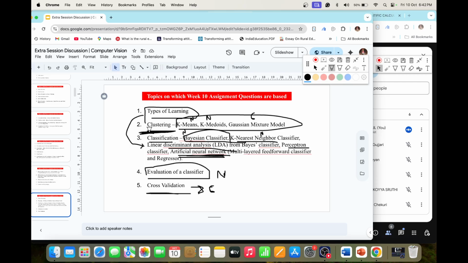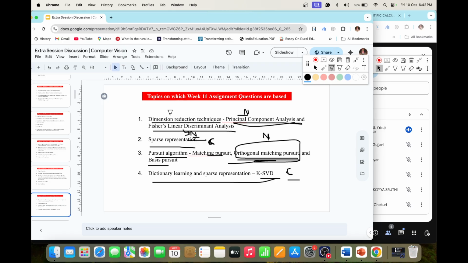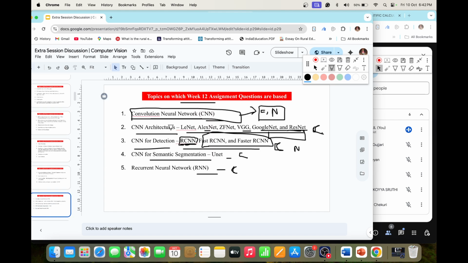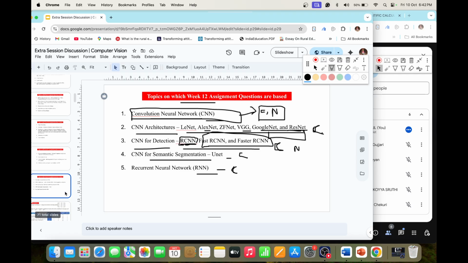Clustering is a type of unsupervised learning and classification is a type of supervised learning, along with different algorithms related to them. Week 11 is related to dimensionality reduction, PCA and Fisher LDA, that is important. And week 12 is related to CNN and RNN, that is convolutional neural network and recurrent neural network.